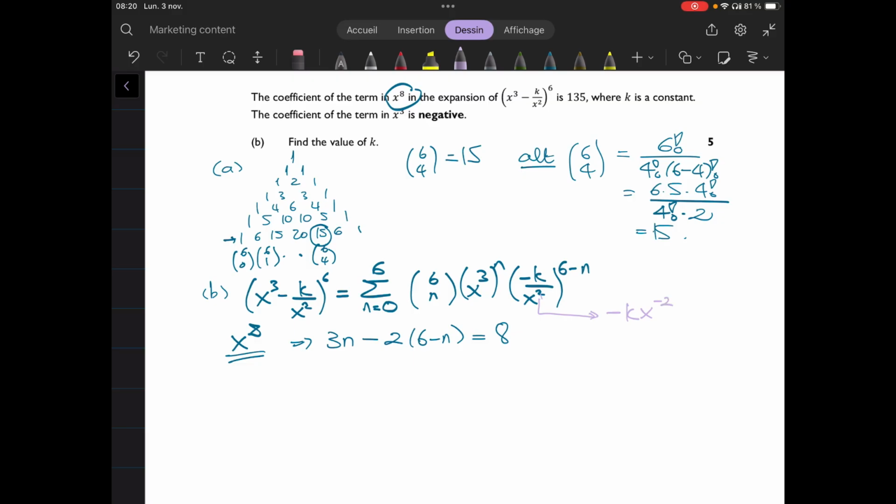And we're using index laws to form an equation in terms of n. Therefore, we can find that n is equal to 4. And you know that has something to do with the first question.